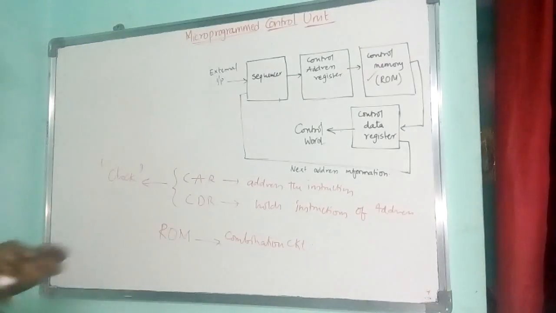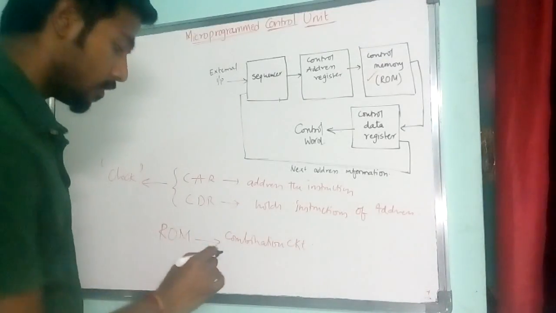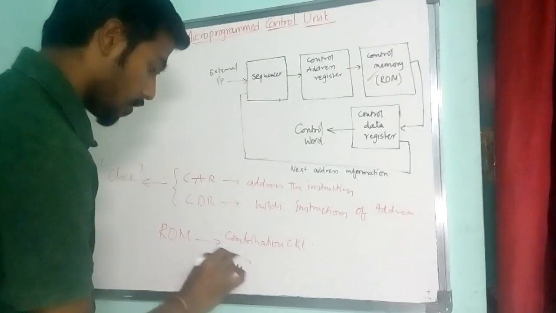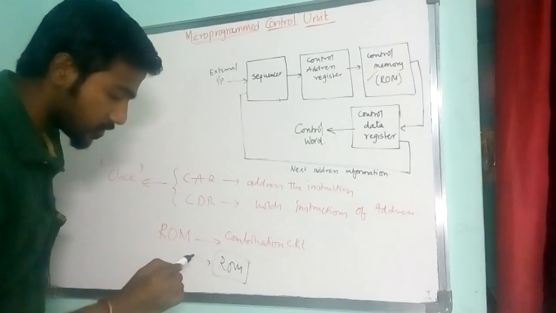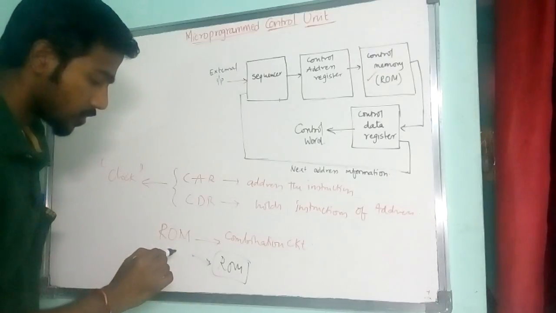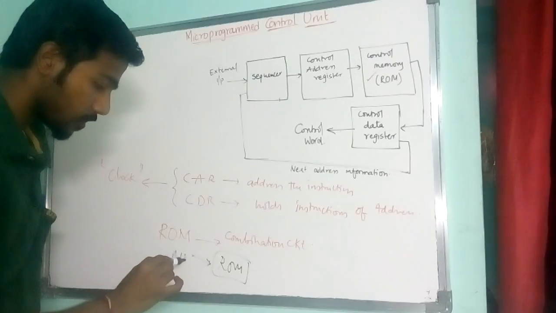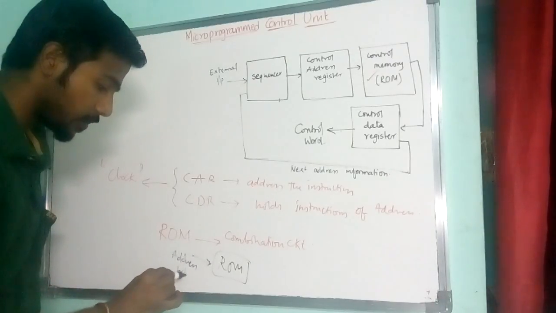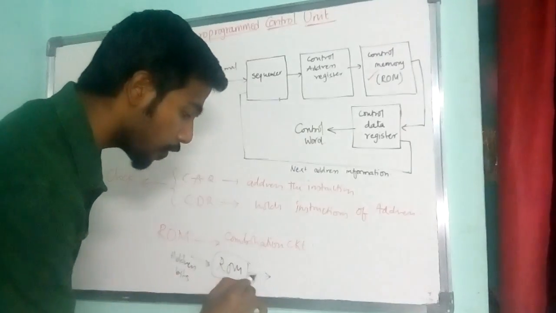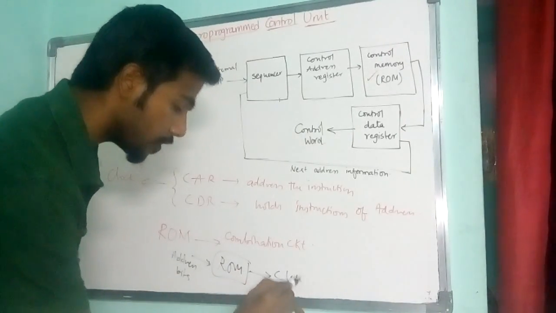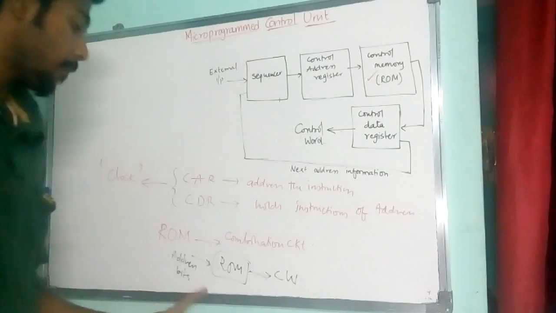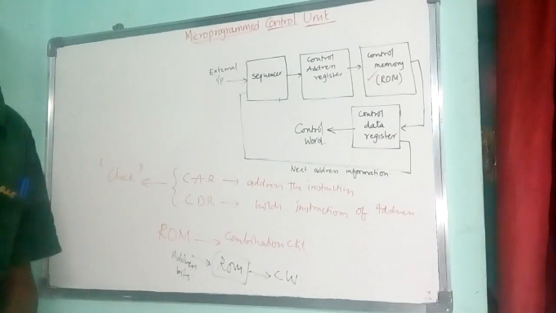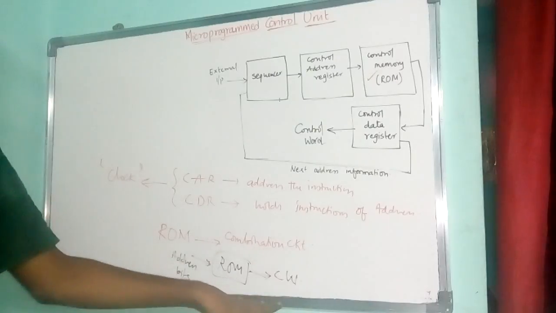That means ROM takes the address bits as input and produces the output as control word. It acts as a combinational circuit here.